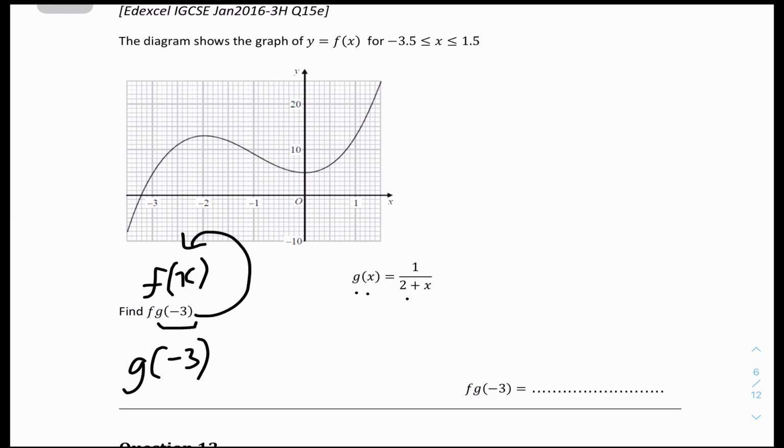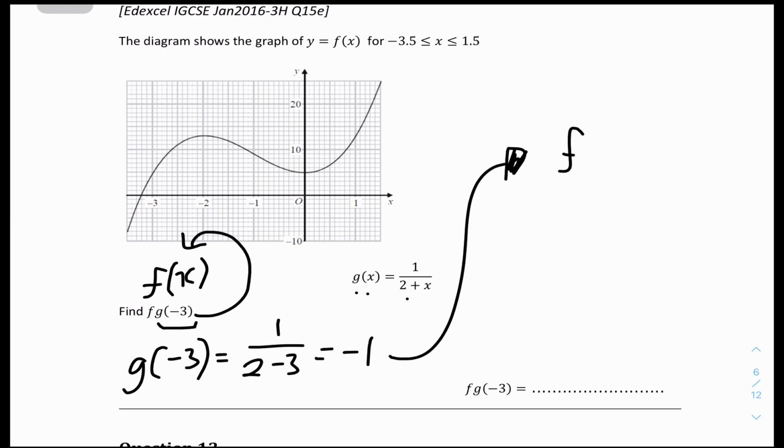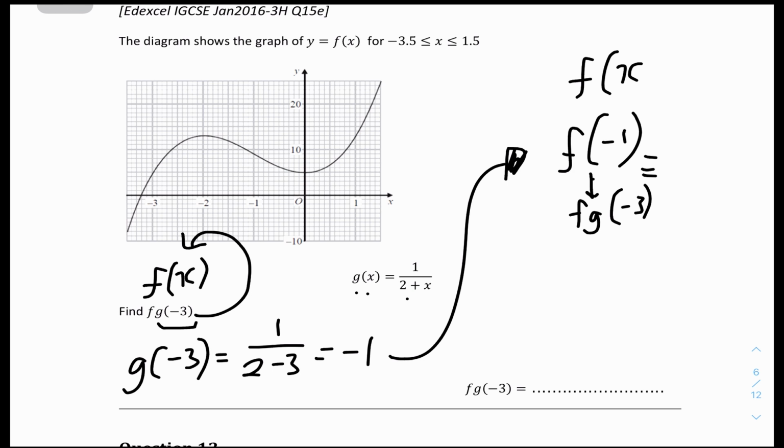It will be 1 over 2 minus 3, which is basically minus 1. Now we have the value of g of minus 3. We can substitute it into the original equation to get f of minus 1. You have to find the value of f of minus 1, because this is basically f of g of minus 3. So you have to draw a straight line at x equals minus 1, because this is the graph of f.